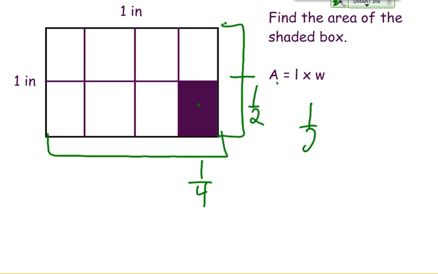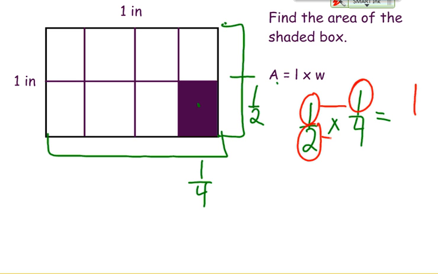Length times width gives us numerator times numerator, which gives us a 1. Denominator times denominator gives us an 8. And that gives us an answer of 1/8.